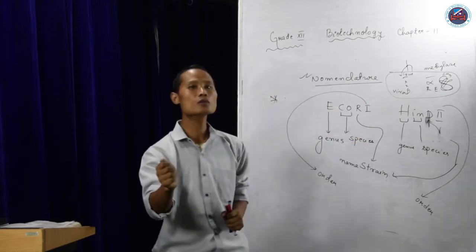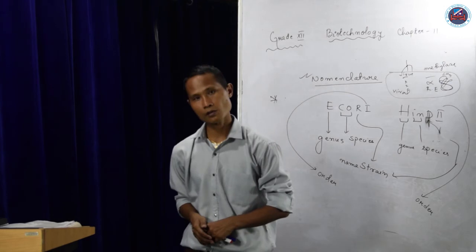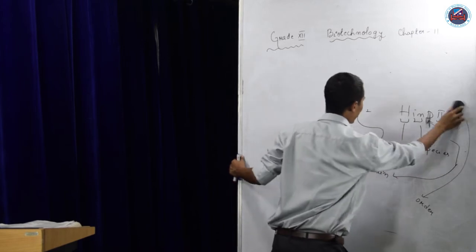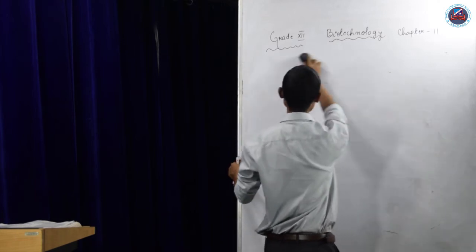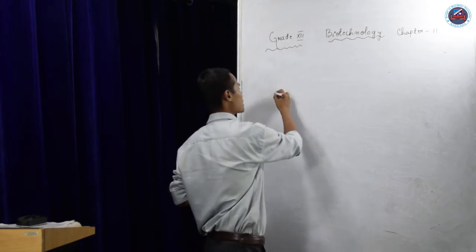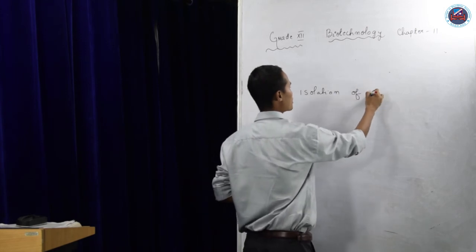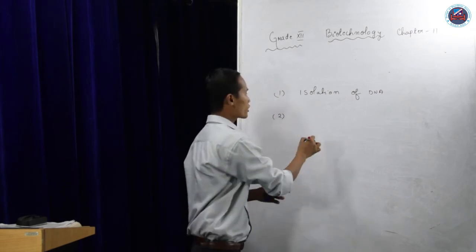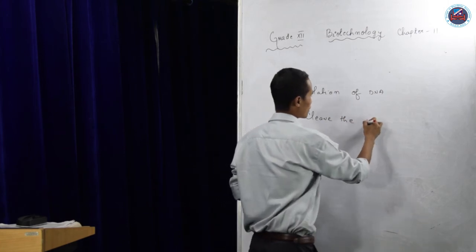The important tool required in biotechnology is restriction enzymes. Now, in the next class, we're going to discuss the processes of rDNA technology. I'll just write what topics we're going to discuss. First is isolation. The first step required in biotechnology is isolation of DNA. We're going to discuss how DNA will be isolated. Second, we are going to cleave the DNA.